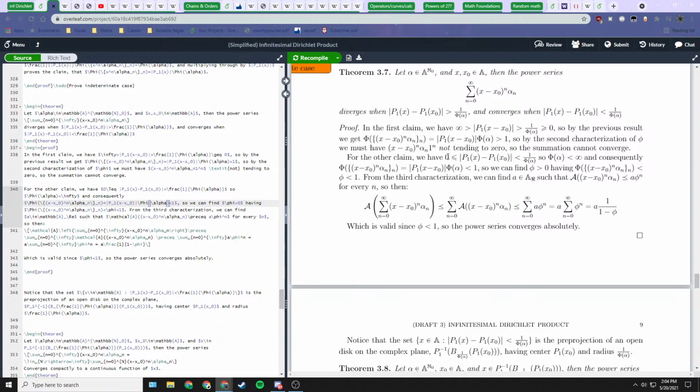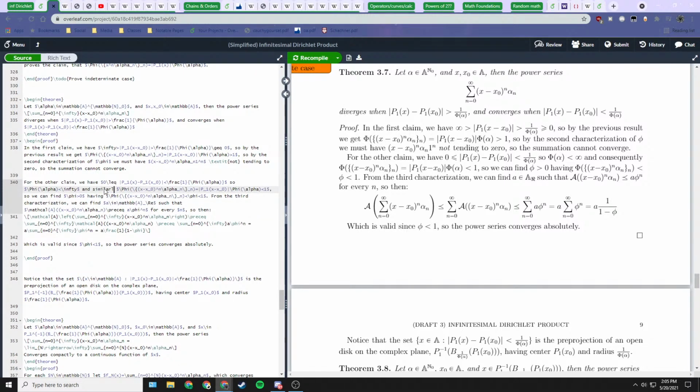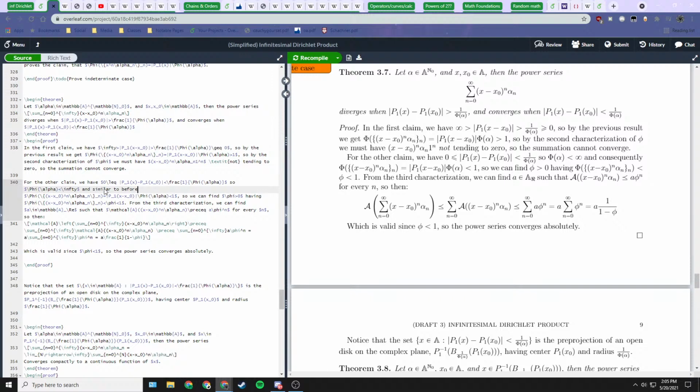And for the second case, we're just noting, well, if this thing is non-negative and strictly less than this, then this has to be positive, which means phi alpha is finite. And then we can just apply the same thing, and we just apply this multiplicativity thing. We pull out our term, we say this is that, it's less than 1.